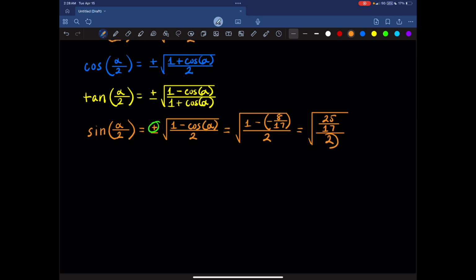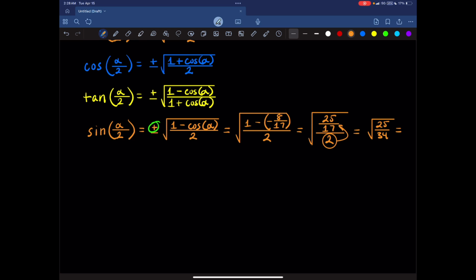And we can actually kick this 2 up to the denominator and make it 17 times 2, which would give us the square root of 25 over 34, which we can reduce further, because we can break up the square root into the square root of the numerator over the square root of the denominator.